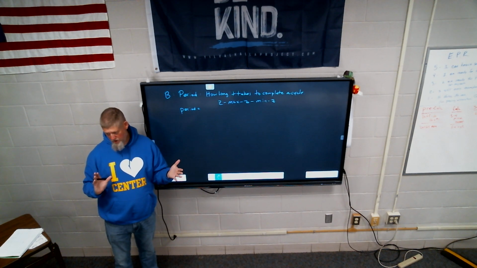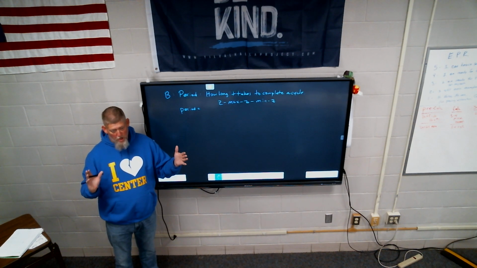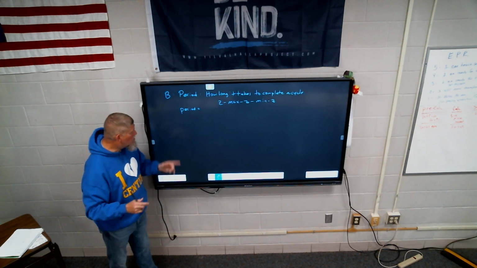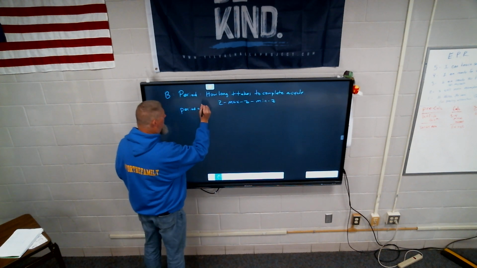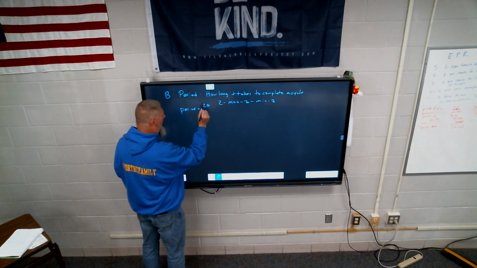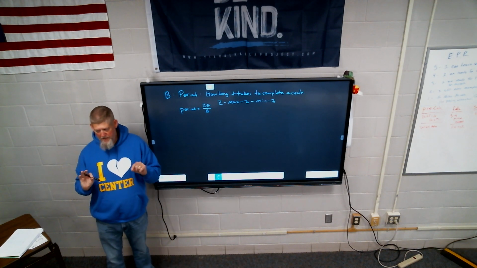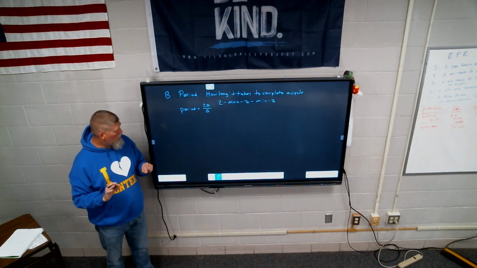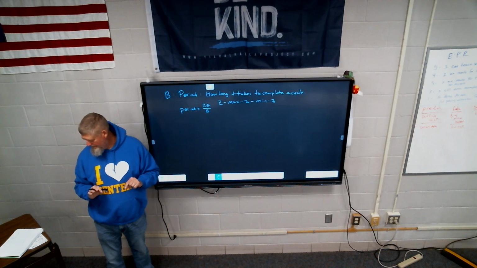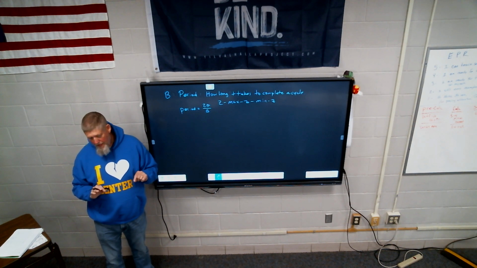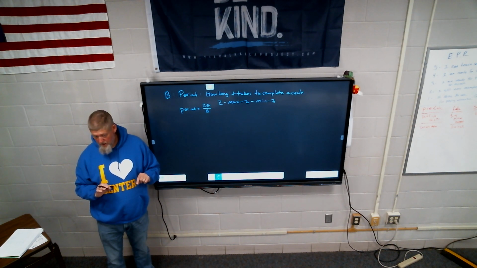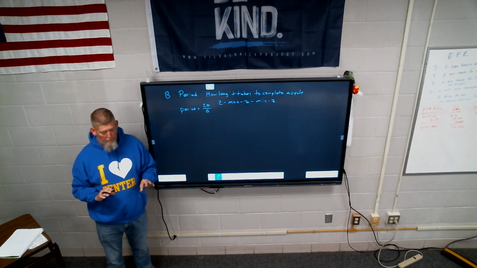That's going to change. So we know in the parent function, it takes 2 pi to get there. So if I take that entire cycle and I divide it by whatever my number b is, that's going to be the complete cycle. So there's my formula, 2 pi divided by b. Does the 2 pi ever change? No, 2 pi always stays the same for all of sine and cosine.